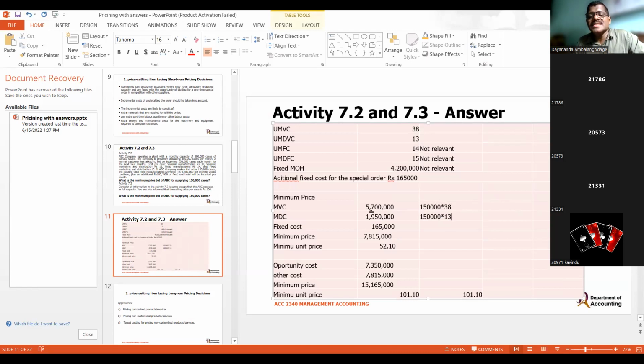And we have also considered the 165,000, which is the additional fixed cost. So the minimum price for the 150 cases would be 7.815 million.